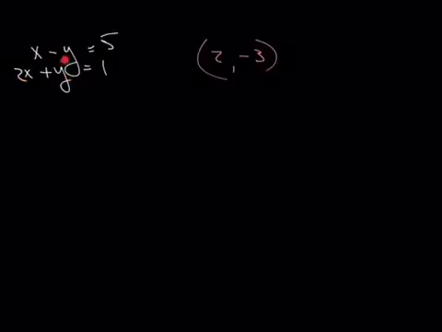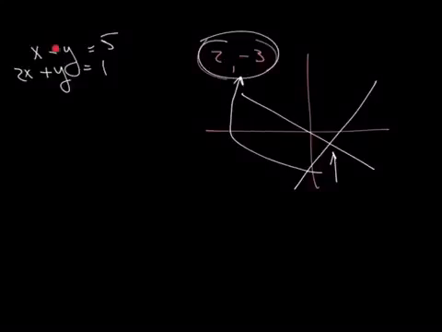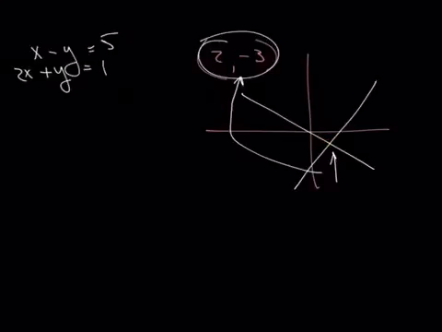And because they work in both of these equations, when I graph these two equations, they cross. The point they have in common would be 2, negative 3. So this is the point that the graphs of these two equations have in common with each other.